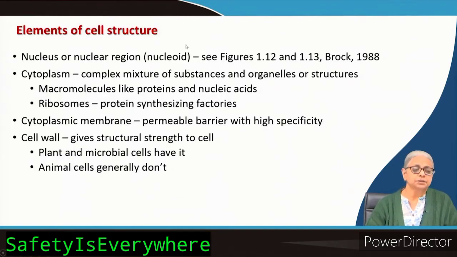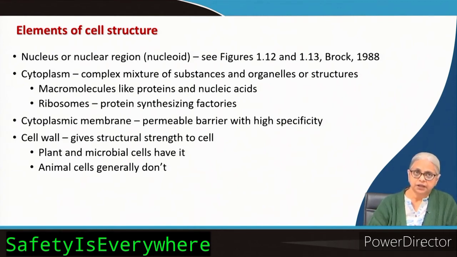What is the cytoplasm? It's a complex mixture of substances with organelles as well as structures. You have macromolecules or biopolymers like proteins and nucleic acids. You have ribosomes, which are the sites of protein synthesis. It has to be contained in a cytoplasmic membrane. This cytoplasmic membrane is highly permeable.